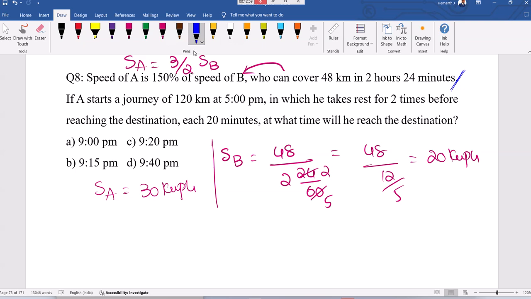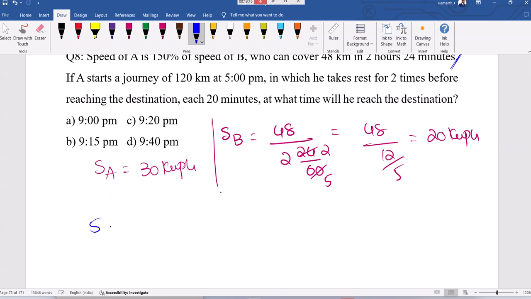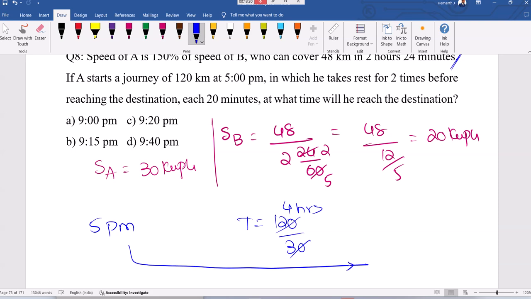Now, A starts a journey of 120 kilometers at 5 p.m., in which he takes rest 2 times before reaching the destination, each 20 minutes. At what time is he going to reach? A starts the journey at 5 p.m. 120 kilometers means 120 divided by 30, 4 hours, means 9 p.m. But in between, he took 2 breaks, each for 20 minutes, 20 plus 20, 40 minutes.